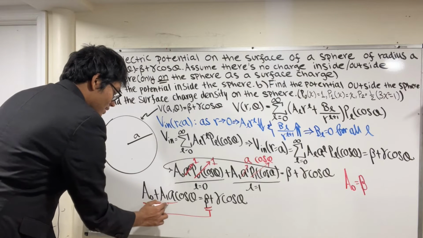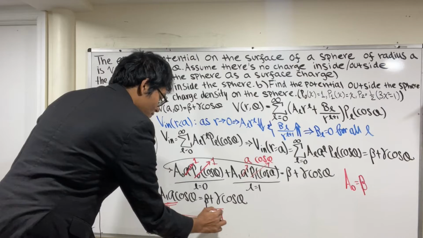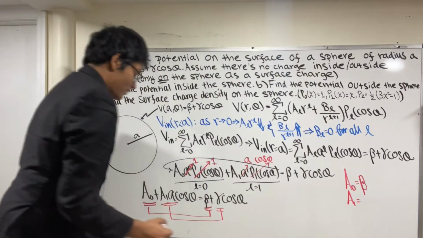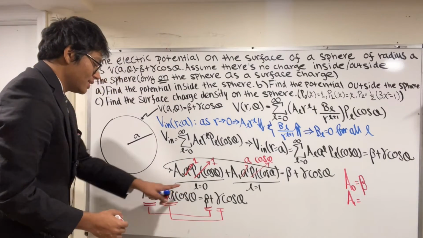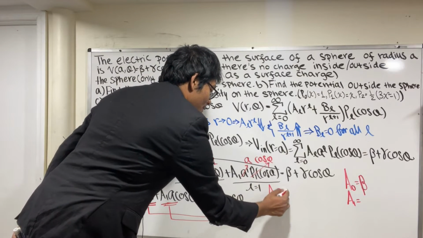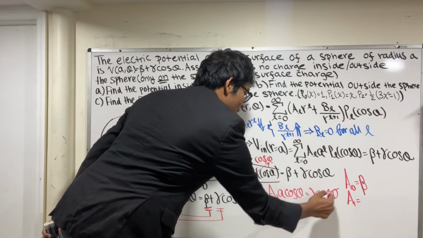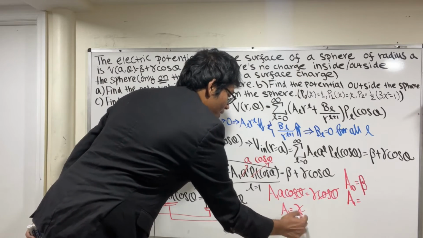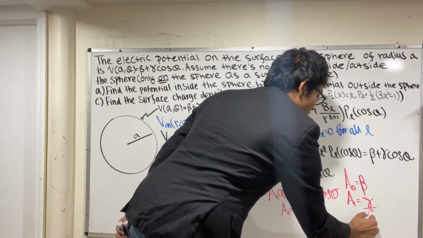So we're just comparing these two terms. The cosine thetas cancel out, so we're left with A sub 1 is gamma over A. Nothing too crazy.